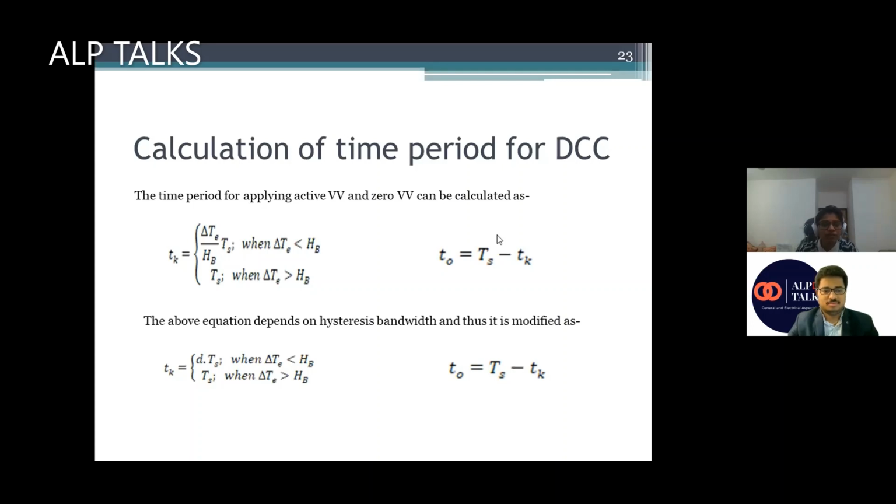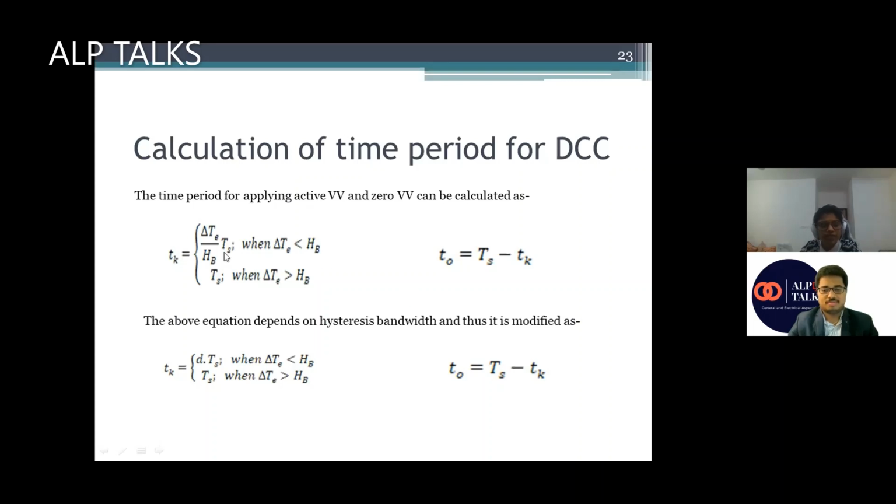So when you see the first formula, which consists of the hysteresis band HB, HB is the hysteresis band of the torque hysteresis controller. And T is the error in torque, TS is the sampling time period, and Tk is the time period when the active voltage vector is applied, and T0 is the time period when the zero voltage vector is applied.